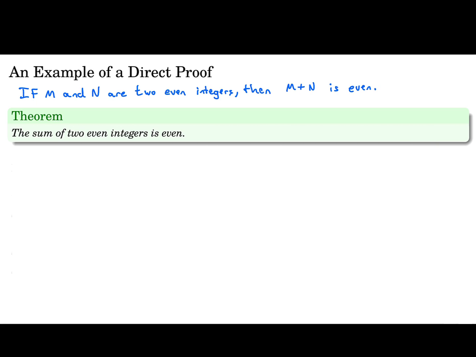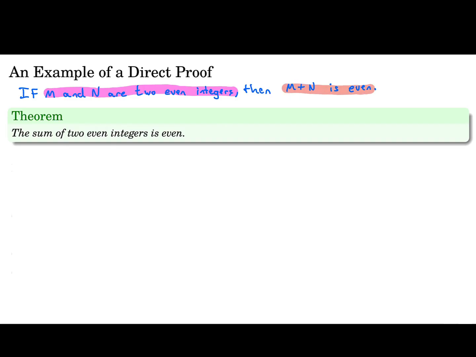Okay, so we want to show this, and this might help us here. M and N are two even integers, so this will be our hypothesis, and M plus N is even will be our conclusion.